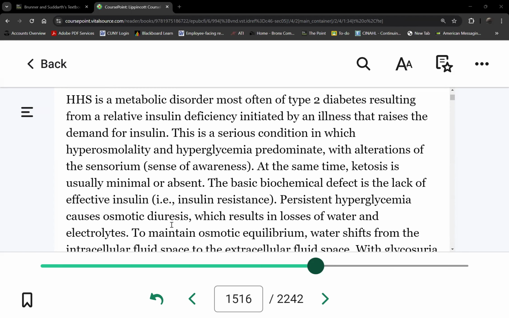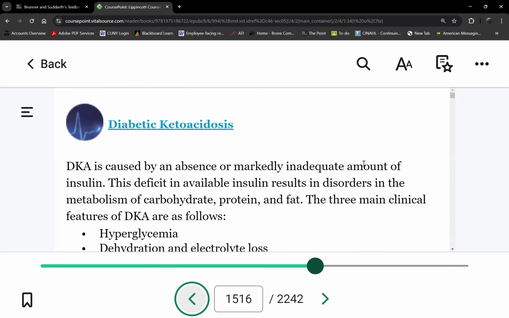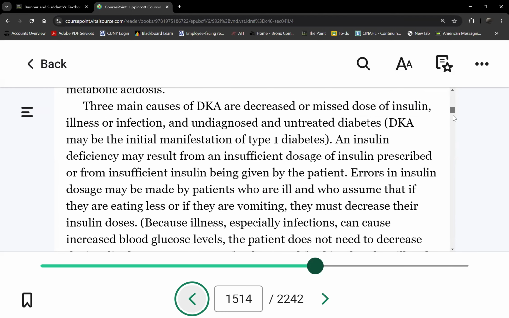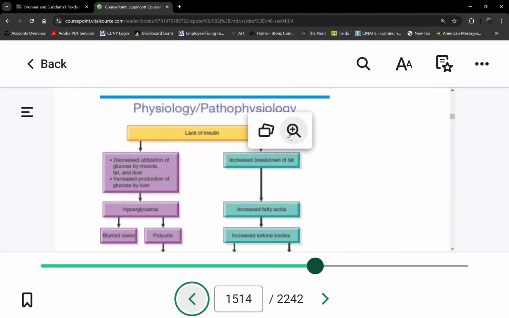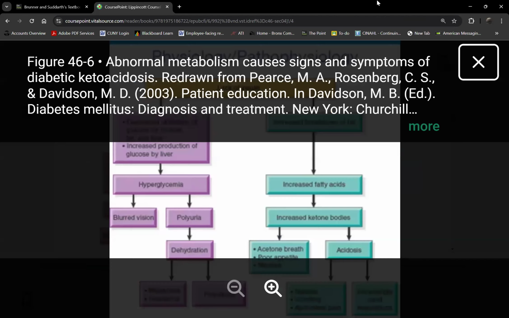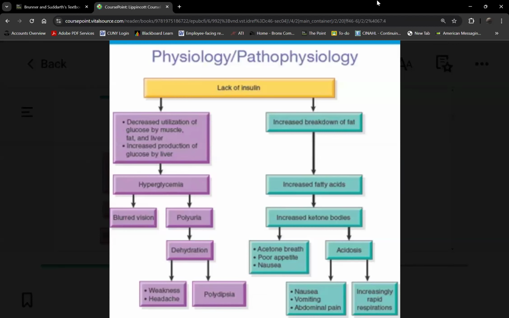So if we go back to DKA, in this diagram right here, there is lack of insulin. So if we change this to HHS, it won't say lack of insulin.